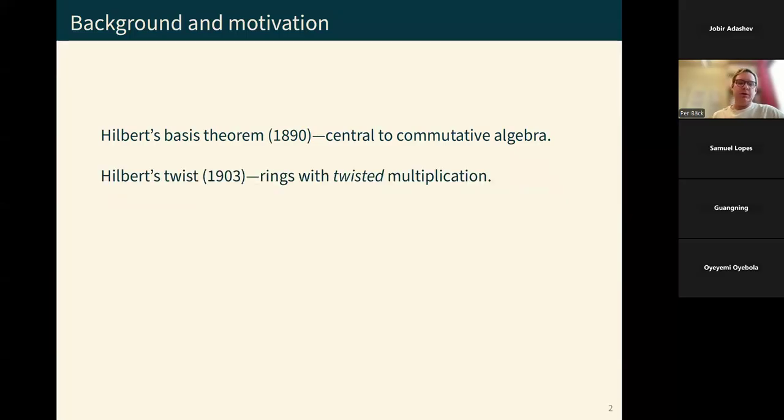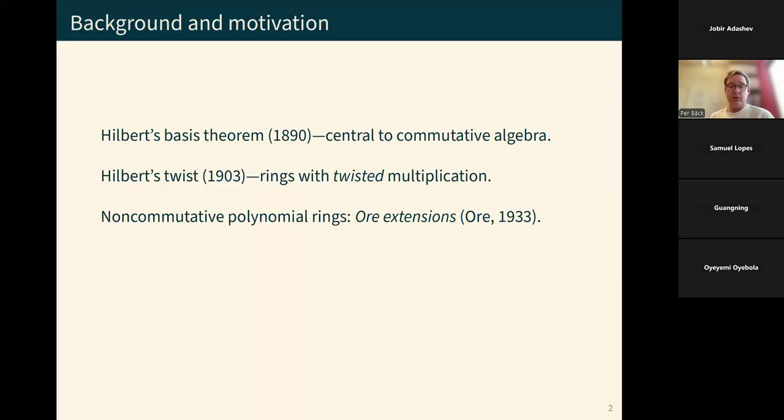Some years after Hilbert introduced this theorem, he started studying twists of polynomial rings. So Hilbert wanted to construct an ordered division ring, which was not necessarily commutative. So he took an ordinary Laurent polynomial ring and he introduced some kind of twisting of this. And this gave him an ordered non-commutative division ring.